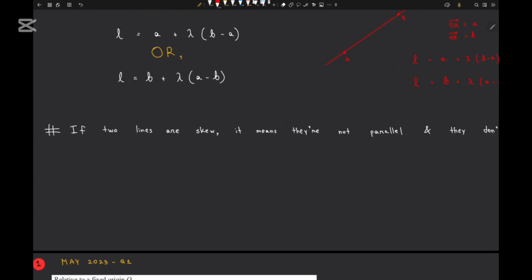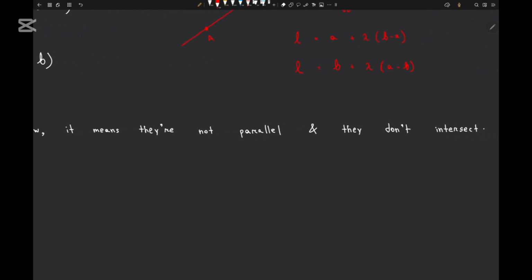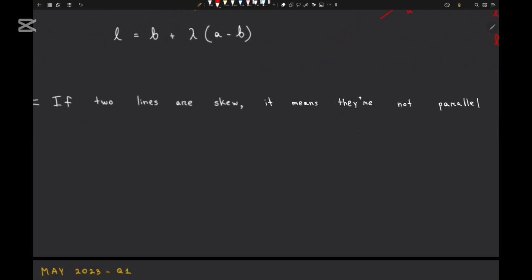Now there's another concept which is known as the skewness of a line. Now in a question, if they tell you that two lines are skew, which means that they are not parallel and they do not intersect.